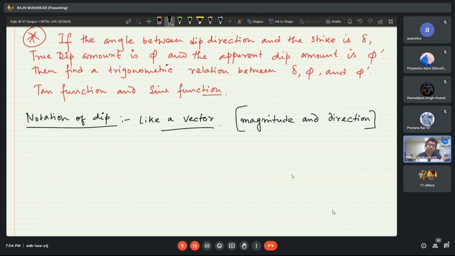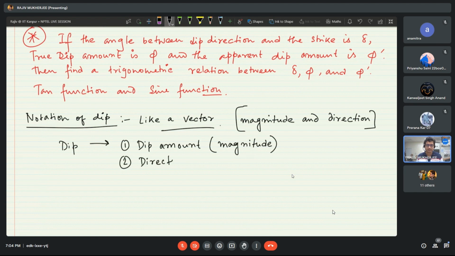So for dip, we have dip amount, which is the magnitude part, and we have direction, right?